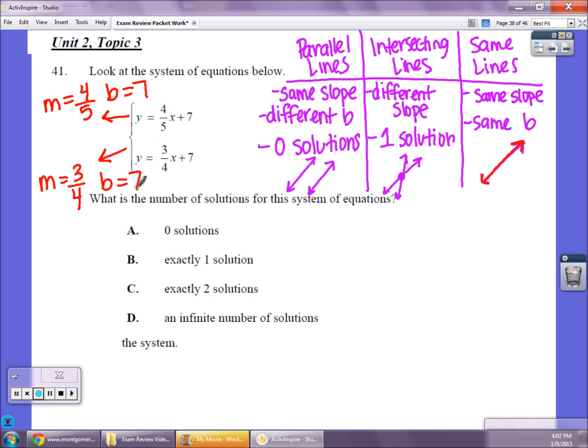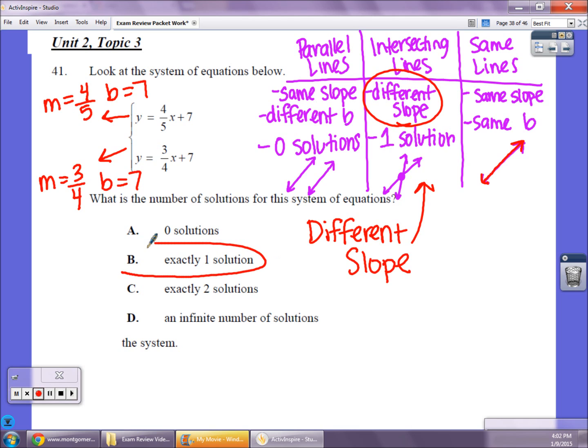So what I noticed right away is that these two lines have a different slope. The only option for that is going to be right here, our intersecting line. So when we have a different slope, we know that they're going to intersect and that there will be one solution. Okay, so the correct answer for 41 is going to be B.